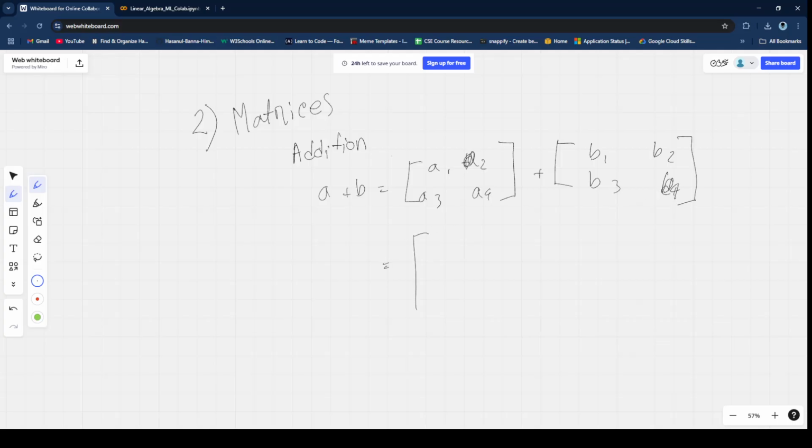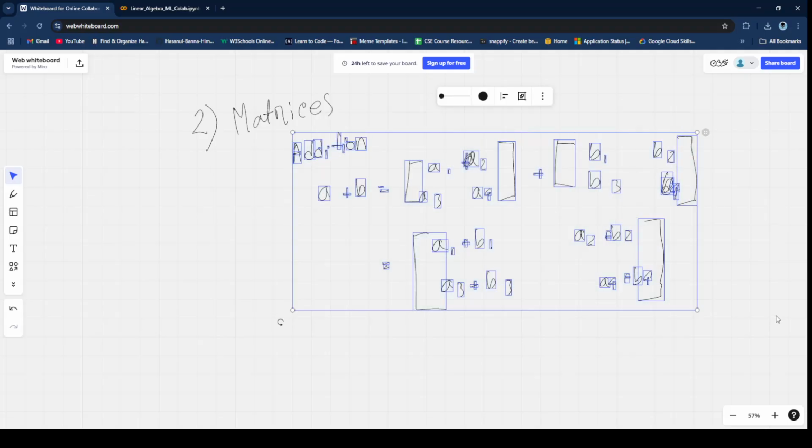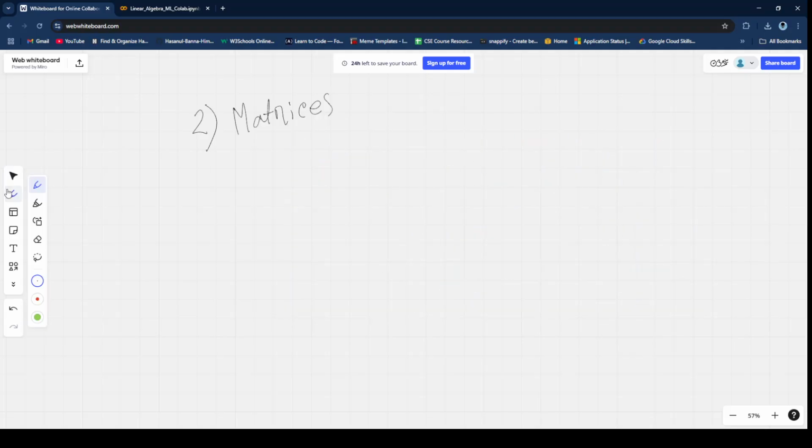Now if I add this, it will work like a1 plus b1, a2 plus b2, a3 plus b3 and a4 plus b4. So this is how matrix addition works.